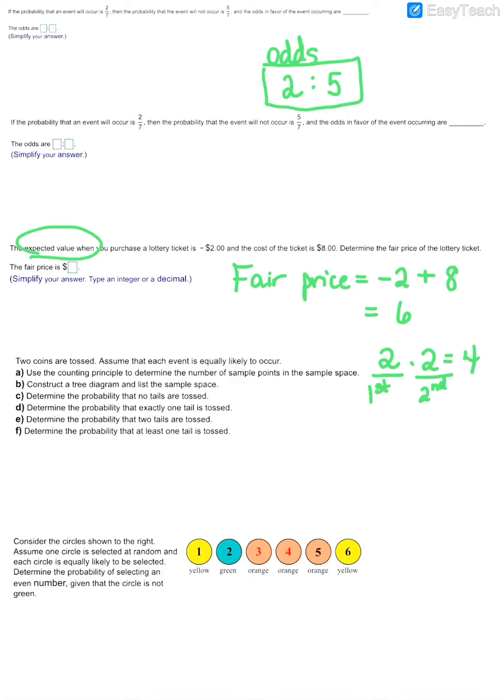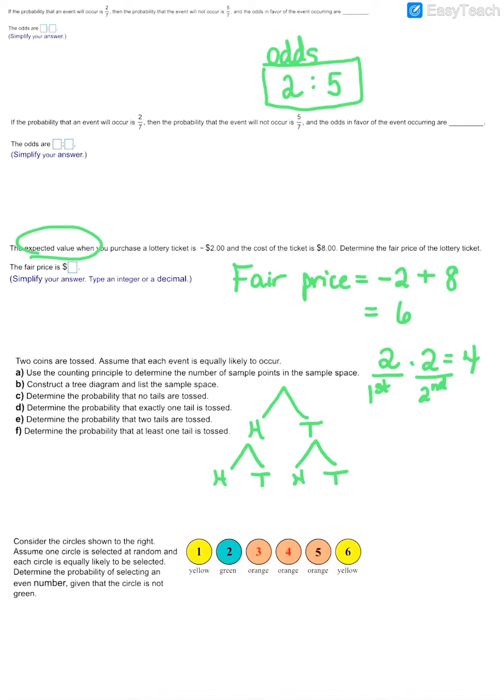All right, part B, it says construct a tree diagram so you can list the sample space. Again, we're going to start with the first coin, and when I toss the first coin, it can either land head side up or tail side up. And then the second coin can also land head side up or tail side up. And so we branch off of those branches from the first coin.